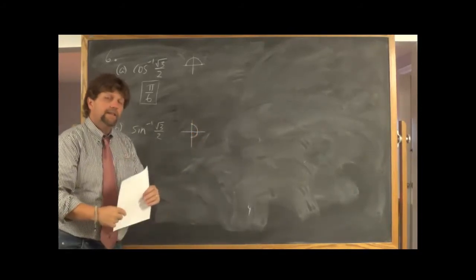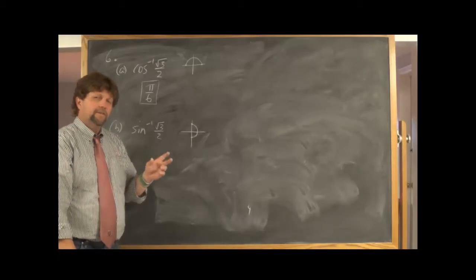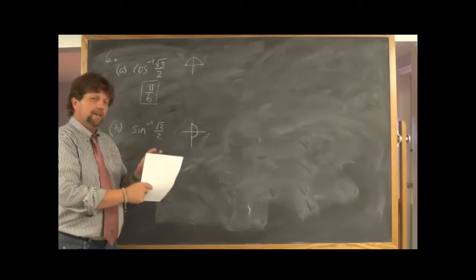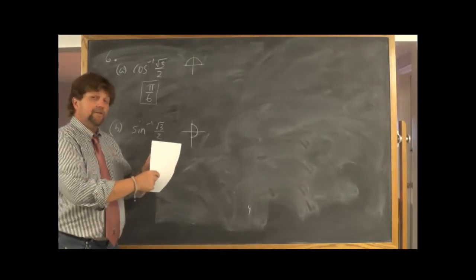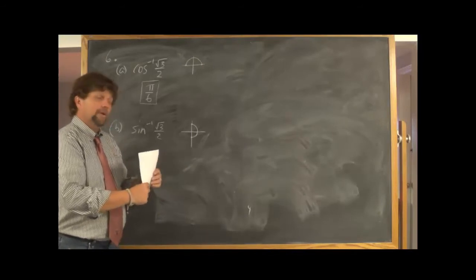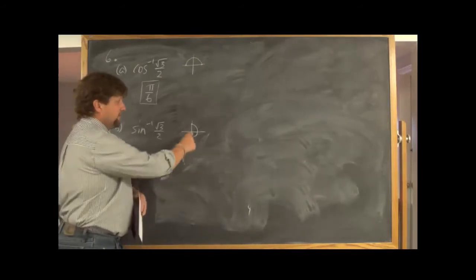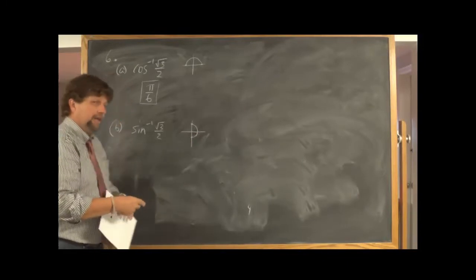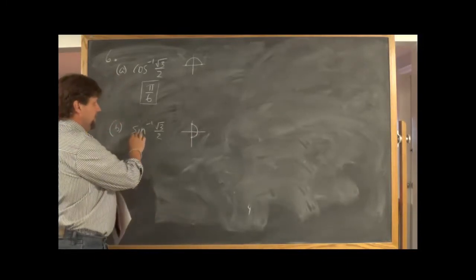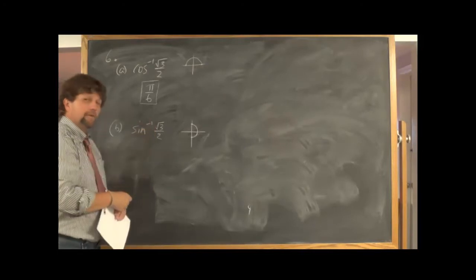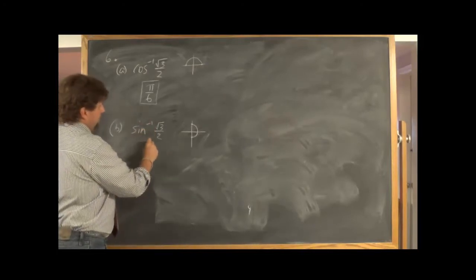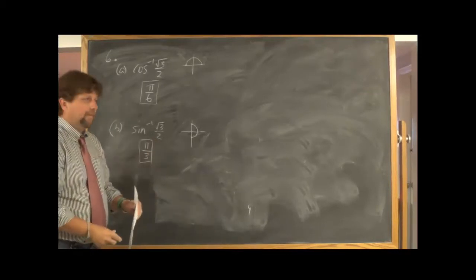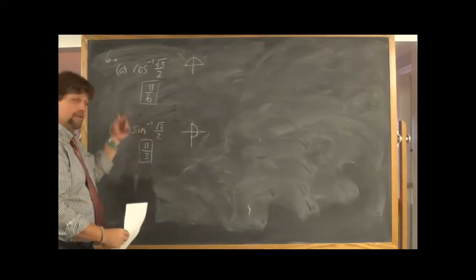If you look at that definition of inverse sine, it'll have something in there about negative pi over 2 to pi over 2. Well, negative pi over 2 to pi over 2 is the right half of the unit circle. And if you really know your unit circle, you're going to say inverse sine of square root 3 over 2, that's pi over 3.